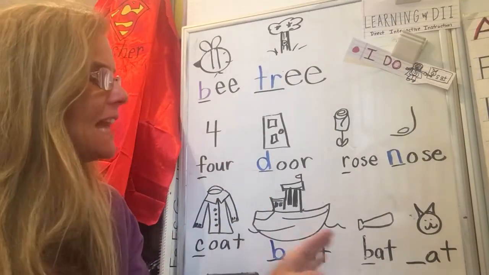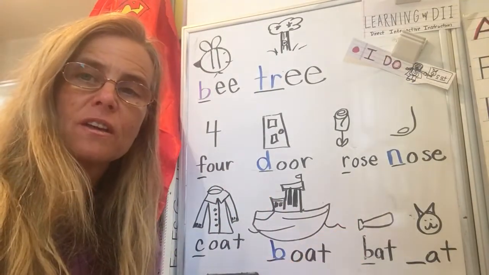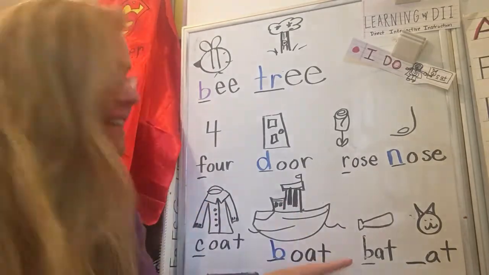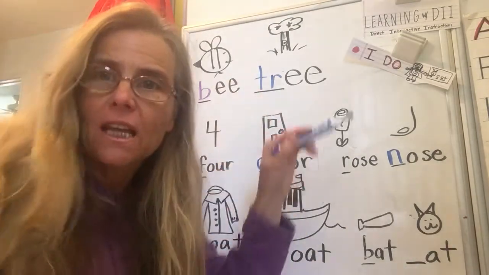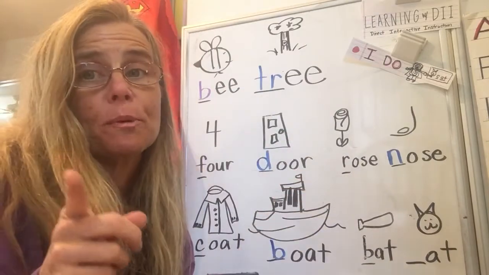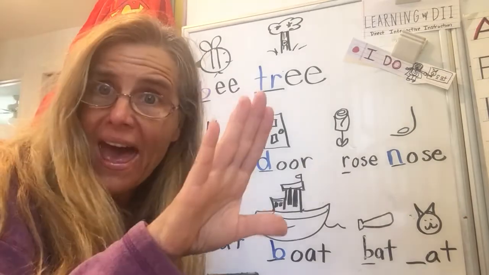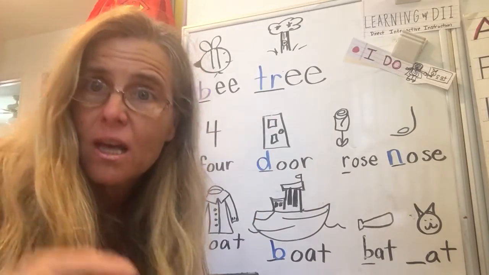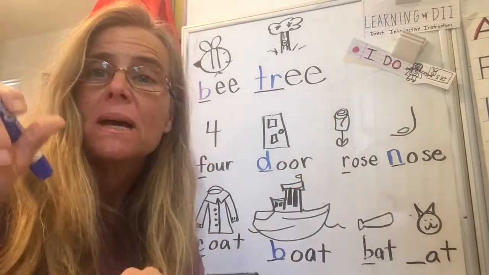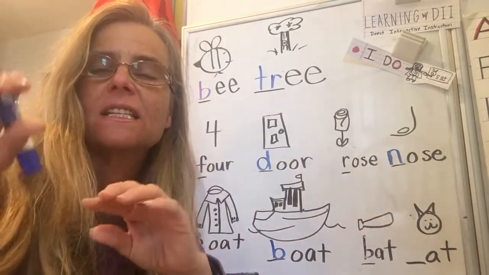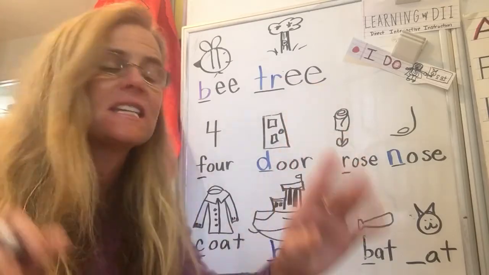Now let's look at the last one. What's this a picture of? A bat. It's not like this bat. This is multiple meanings. This is the kind you hit a ball with. Bat. B. At. Break off that beginning sound. Make it go to silence. At.